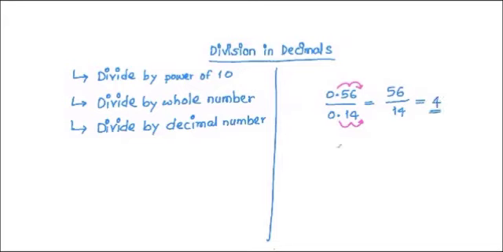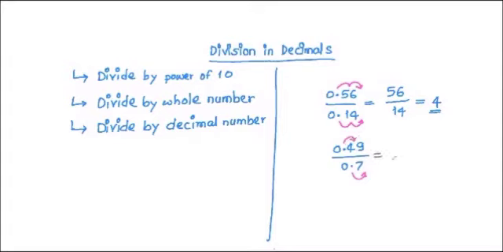Let's take one more example. 0.49 divided by 0.7. How many places do I need to move the decimal point in my denominator? I need to move it 1 place to get a whole number. I need to move that 1 place in the numerator as well.